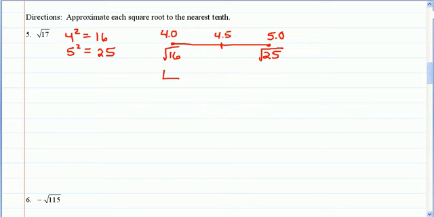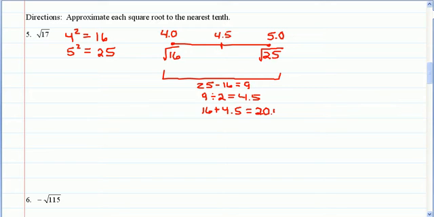So if I look at the distance between 16 and 25, 25 minus 16 is equal to 9. And if I take 9 divided by 2, I get 4.5. And then starting from 16, I add 4.5 to get 20.5. So the square root of 20.5 is right in the middle.